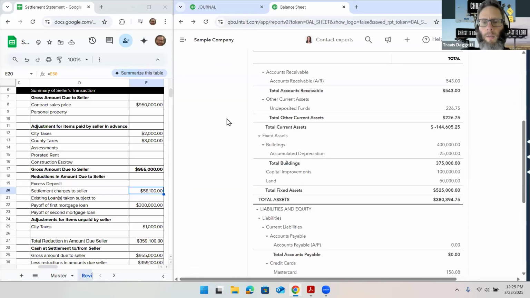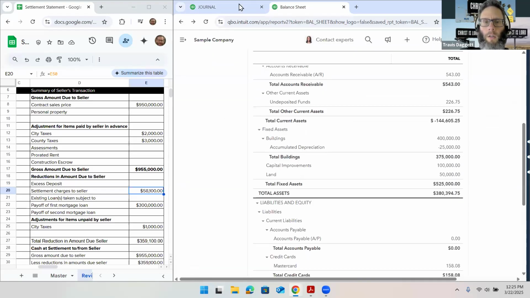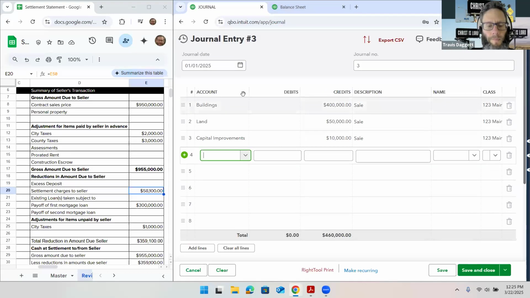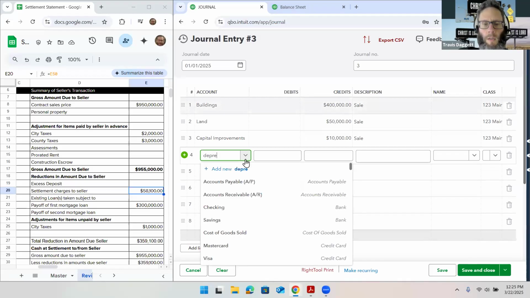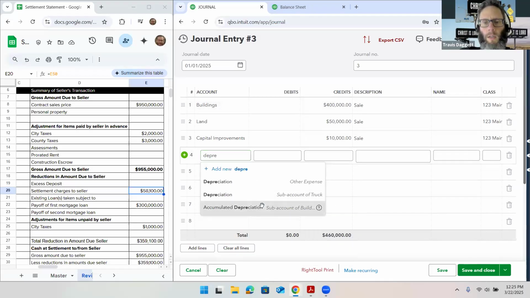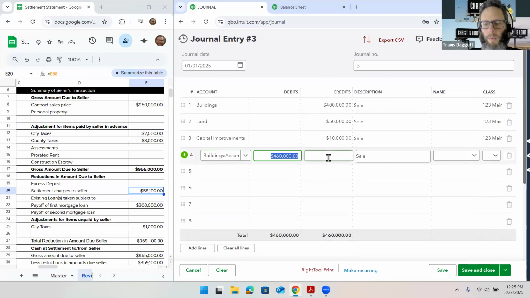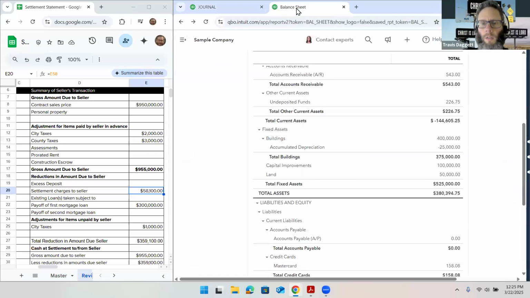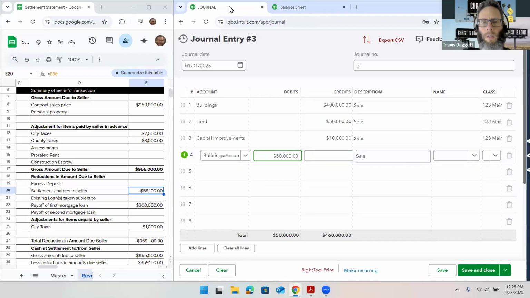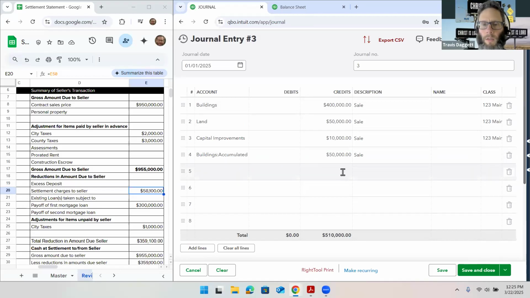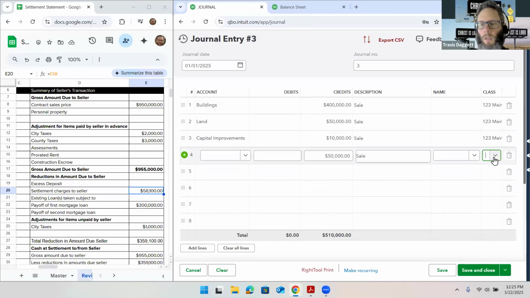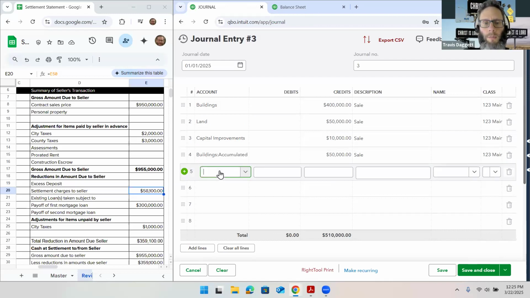See what else we have. And we have our depreciation. And that was $50,000, I think. Yep. Actually, I think it's going to be going this way. Okay.